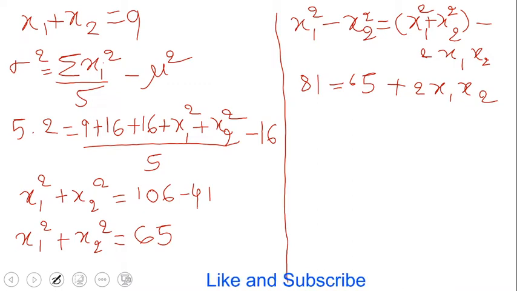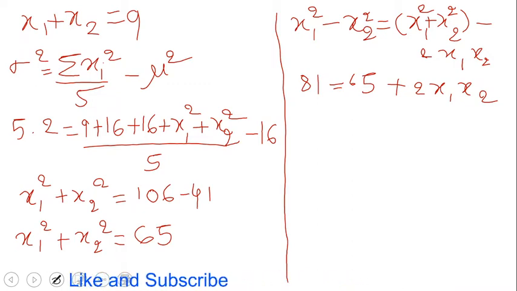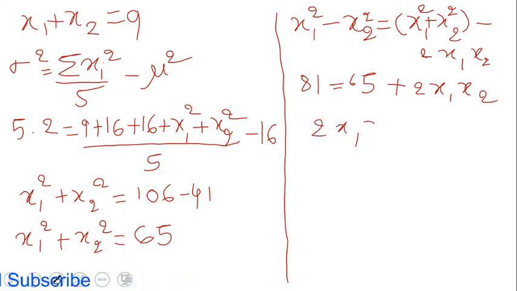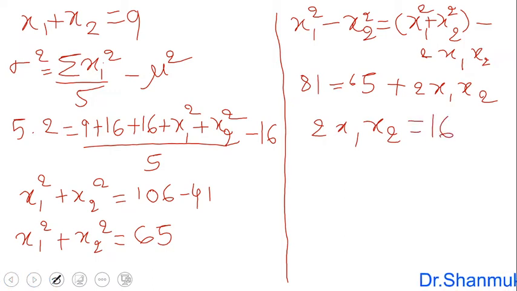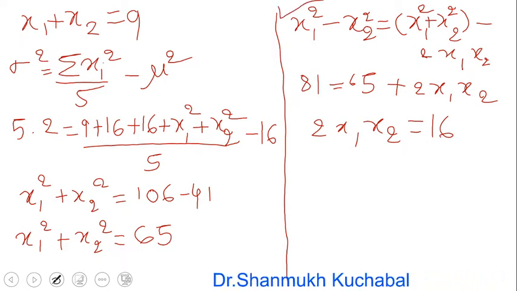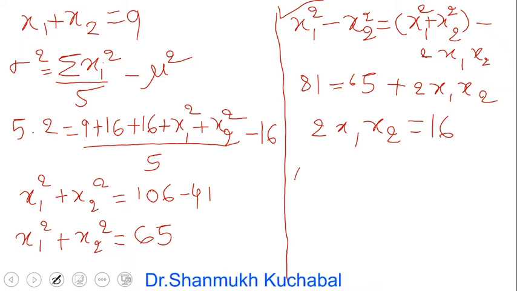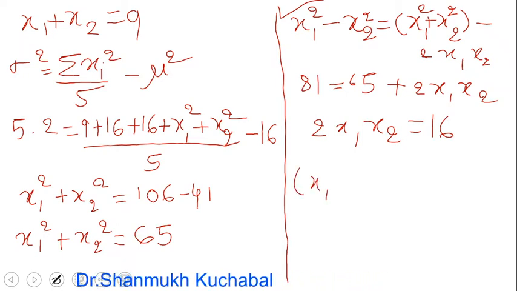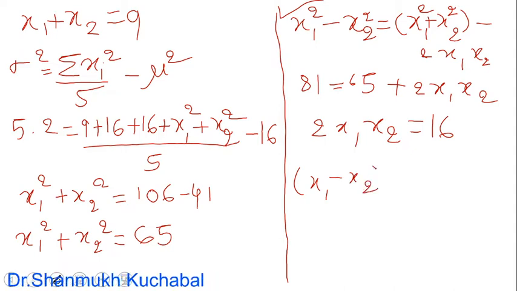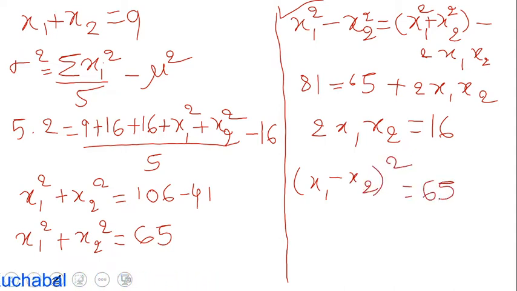So x1 x2 we get as 16. Now we substitute this value in this expression: x1 minus x2 whole square is 65 minus 16.